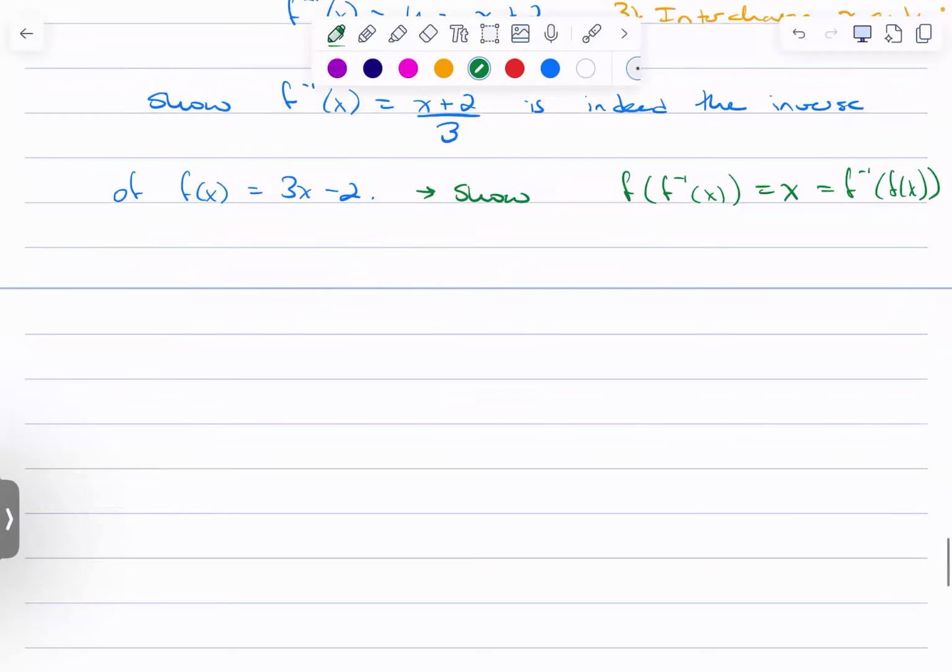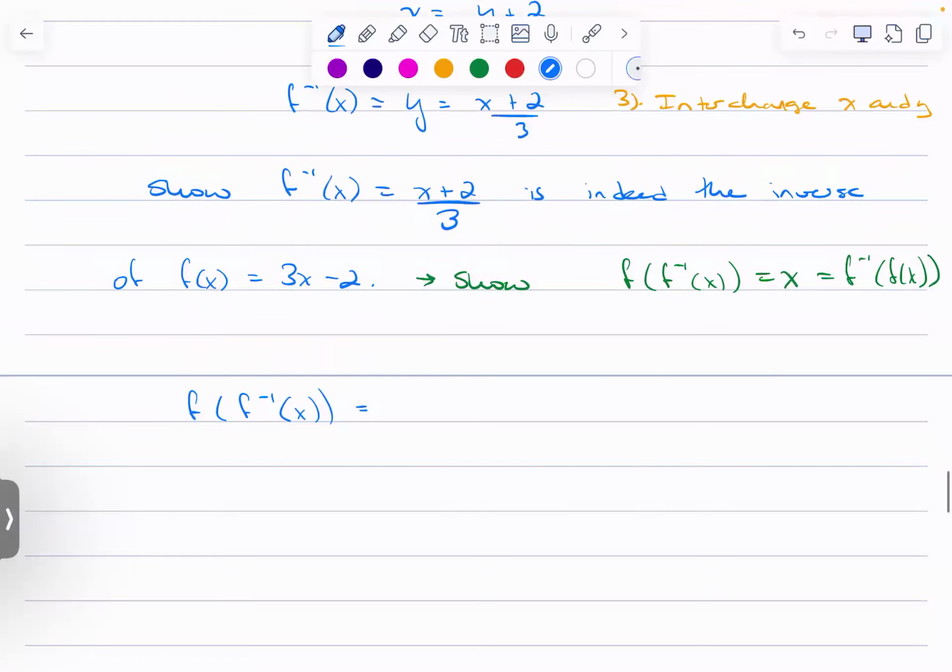And so let's see here. f of f inverse of x. f inverse of x is x plus 2 over 3. And maybe I'll scoot this over. So I want to do f of x plus 2 over 3. Wherever I see an x in f of x, I'm replacing it with x plus 2 over 3, using brackets because this is one unit, right?